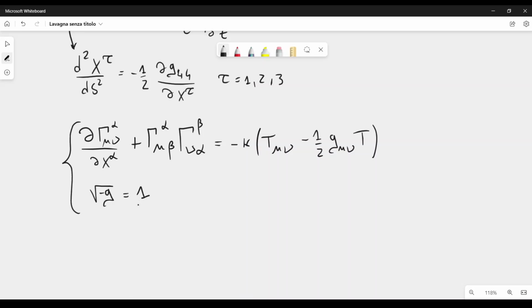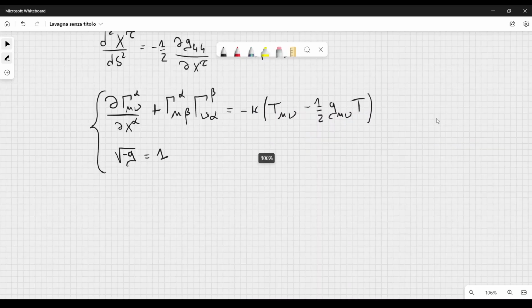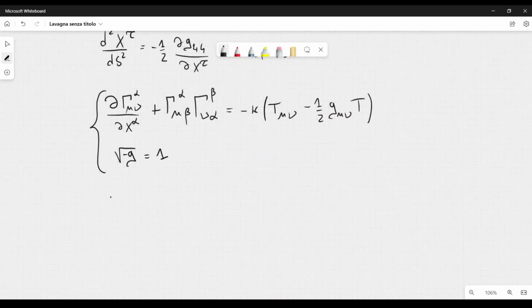be equal to 1. The only non-negligible term in the energy tensor in this case is T44, which is rho c squared, and of course this is the term that is non-negligible because of the presence of c squared, and this is also approximately equal to T, and remember that T is defined as T mu mu, like this.